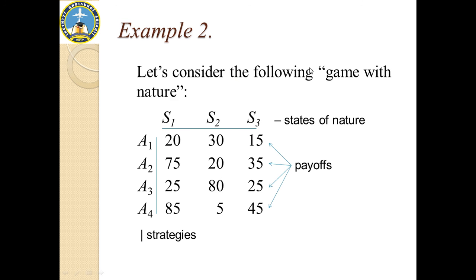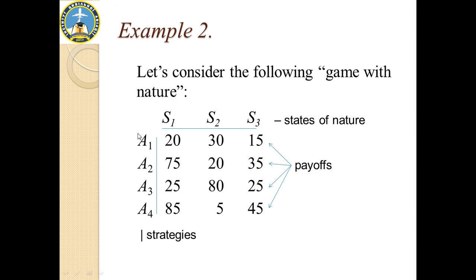Here S sub 1, S sub 2, S sub 3 are different states of nature, regardless of what they are, what they do, how they influence our decision, and so forth. They just are different states of nature. And different strategies available to the decision maker. And given the combinations of every strategy, we have a matrix of all payoffs possible.